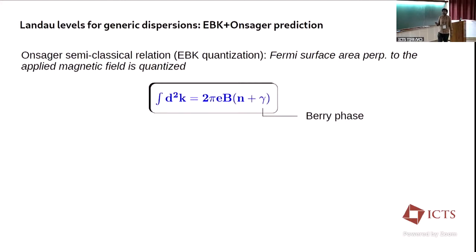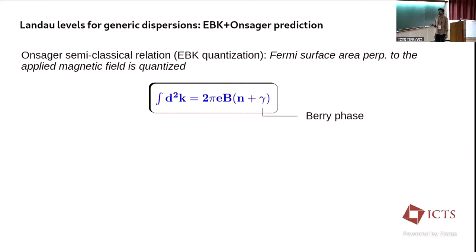We now know that the area perpendicular to the magnetic field in momentum space is quantized this way, where this is the Landau level index. You can see the scaling is proportional to the magnetic field, as you expect. This is a topological contribution to the quantization, which is the Berry phase. For graphene, it comes out to be pi.